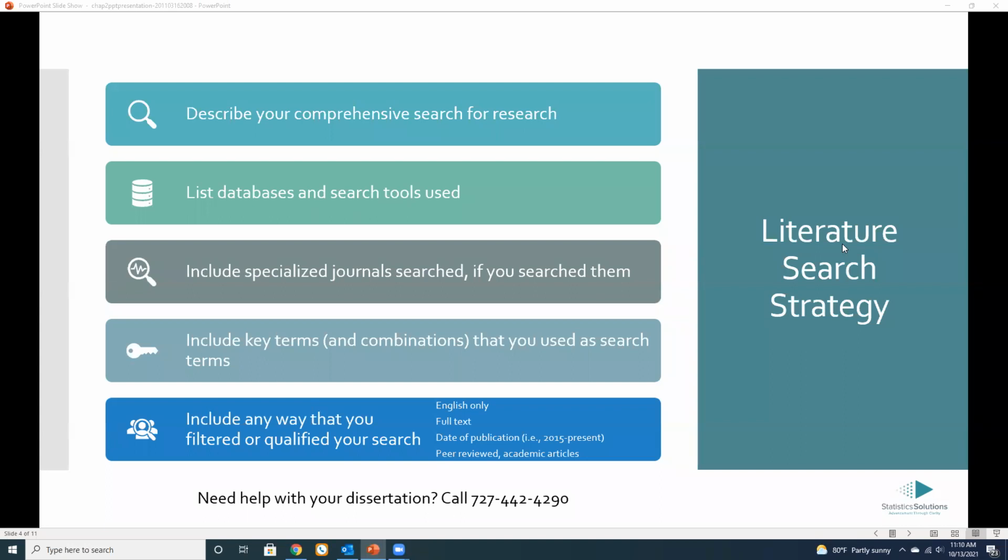The other thing is that the literature review is ideally a snapshot of recent literature on your topic, because that's what's relevant. Research from 15, 20 years ago is probably not going to be relevant.